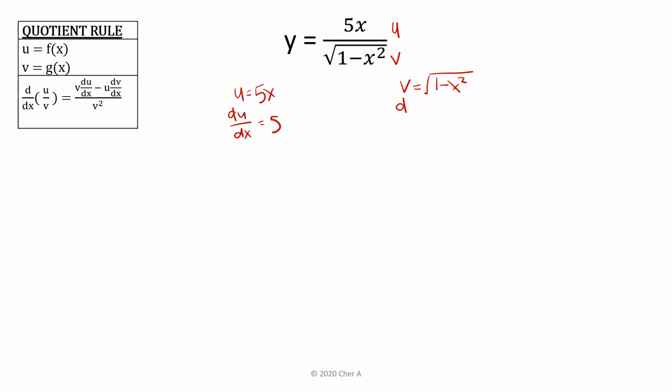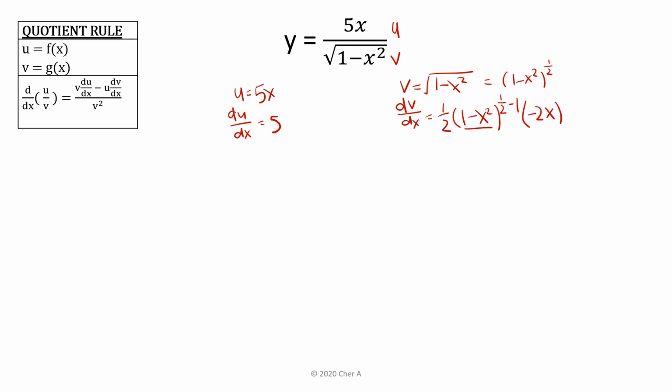I'll differentiate v. But before that, I'm going to change it to 1 minus x squared in brackets to the power of half. Okay. So using the shortcut chain rule just now, I bring down my power, I keep my function. My new power is half minus 1, and I need to differentiate the function inside, so I'll have minus 2x.